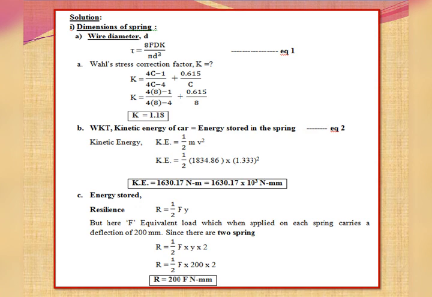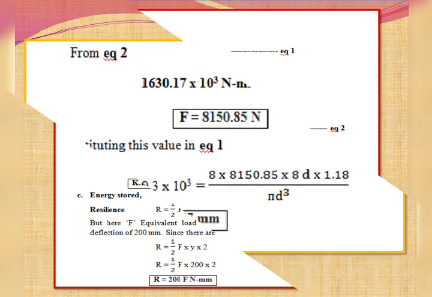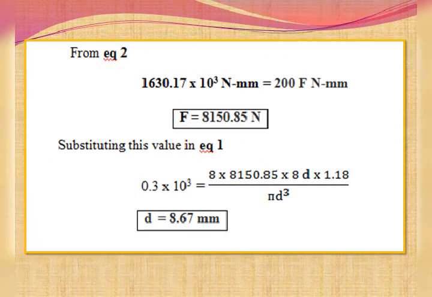So by using kinetic energy in Newton millimeter and resilience in Newton millimeter, we consider the further step. Soon after getting both in Newton millimeter, we'll substitute in equation number 2, that is kinetic energy of a moving car is equal to energy stored in the spring.